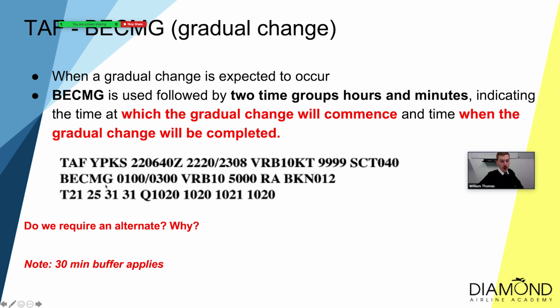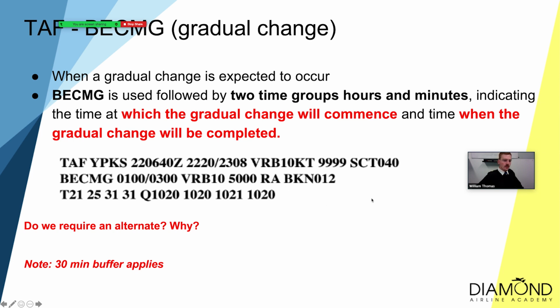Becoming between 23rd day of the month 00 Zulu, that's 0100 Zulu and 0300 Zulu, wind variable, visibility 5,000 metres, rain, broken cloud at 1,200 feet.